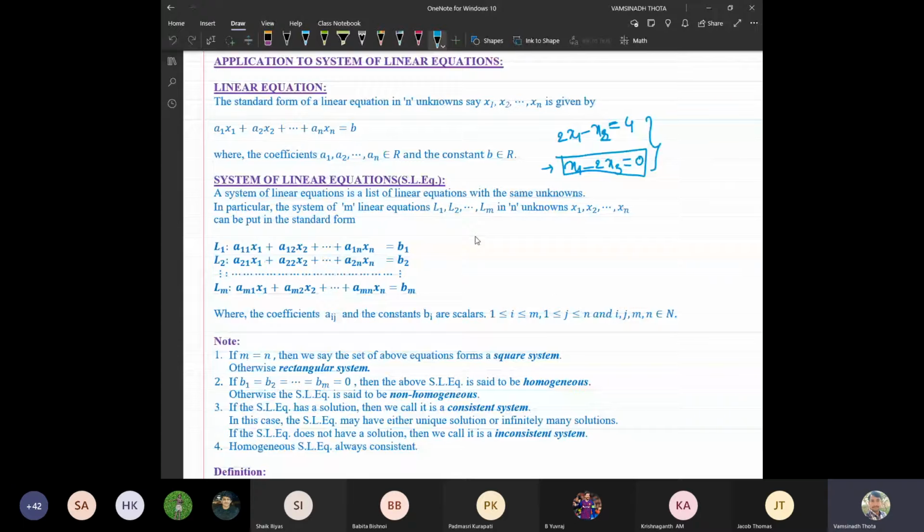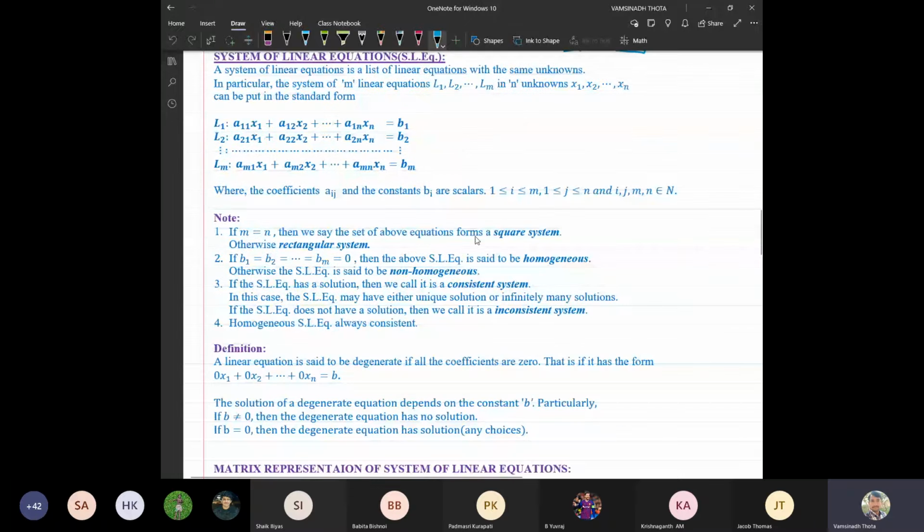Now a system of linear equations may have any number of equations, but the number of equations and the number of unknowns should be known in the beginning itself.